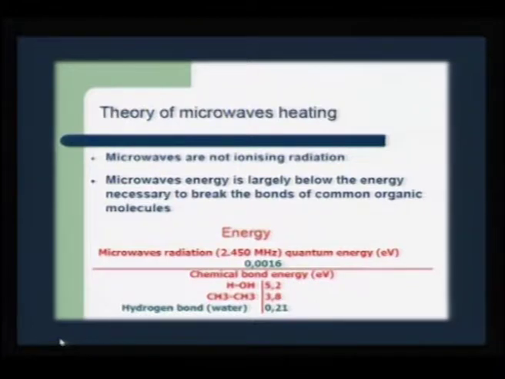As far as the theory of microwave heating, microwaves are not ionizing radiation, they are soft. Therefore, this is not an ionizing radiation, but largely this can be used to excite or lift the potential energy of the molecules.